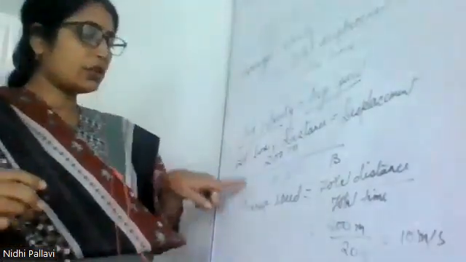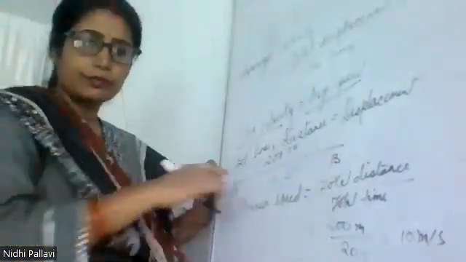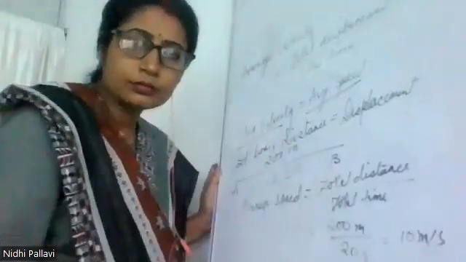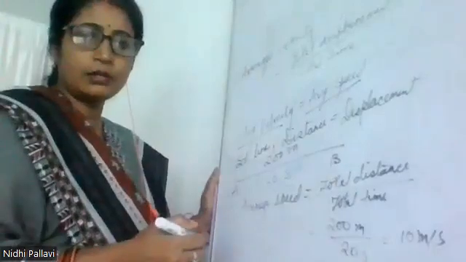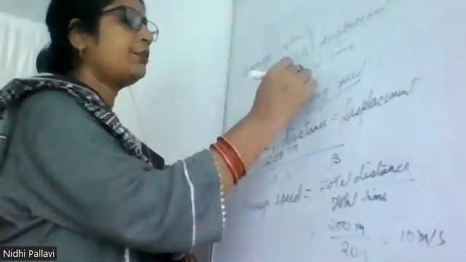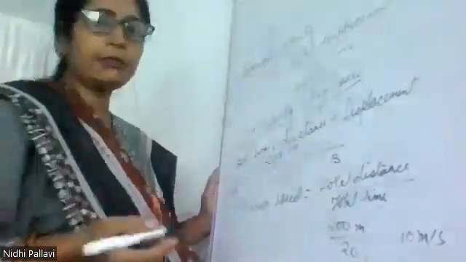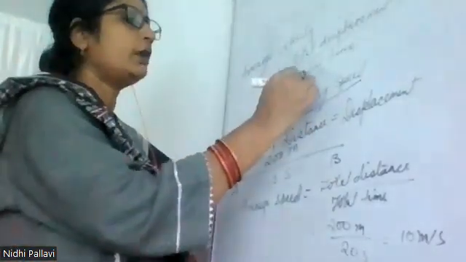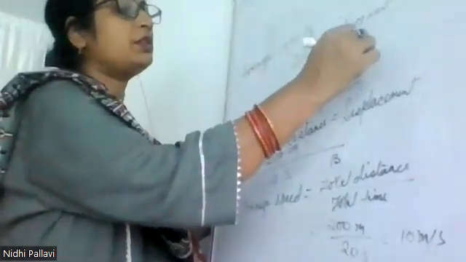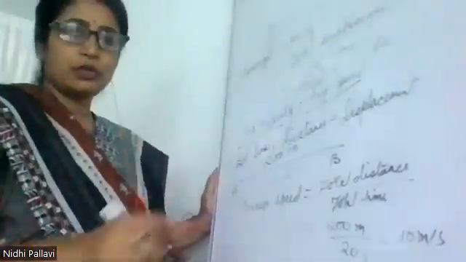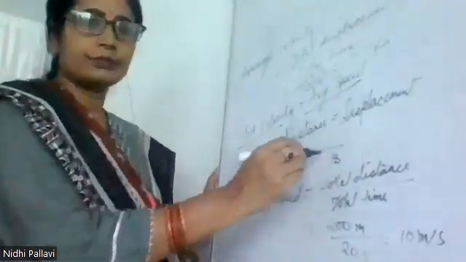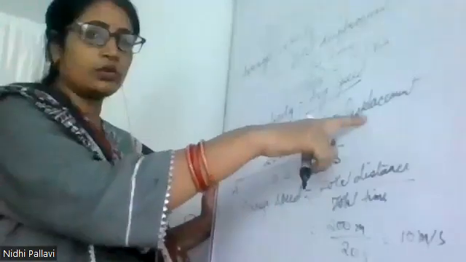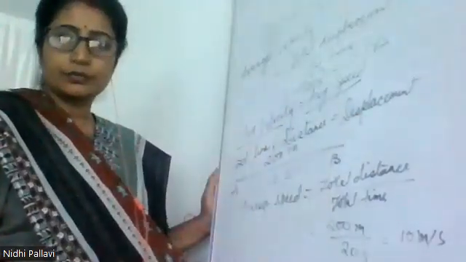So what is the total displacement from A to B? It is the same, 200 meters. Displacement is the same, 200 meters, and time taken is also the same, 20 seconds. So what do we get as the average velocity? 10 meters per second. So in which condition is it the same? When it is a linear motion and when distance is equal to displacement. Got it?